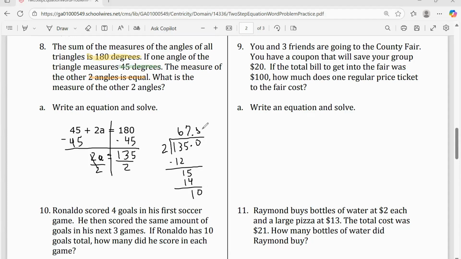So 67.5, and 67 and 1/2 is the same thing. So typically most teachers should take that. So that would give us A equals 67.5. How do you feel about that one?